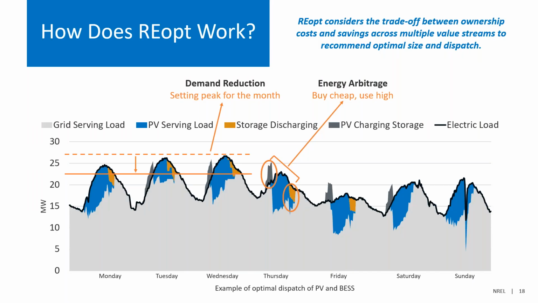So this slide shows the types of trade-offs that REopt is making as it sizes and dispatches systems. The black line shows the original electric load of a hypothetical building. Blue shows when the optimal PV system is serving the load. The battery charges in dark gray and discharges in orange, and then grid serving the load under the optimal solution is in light gray.